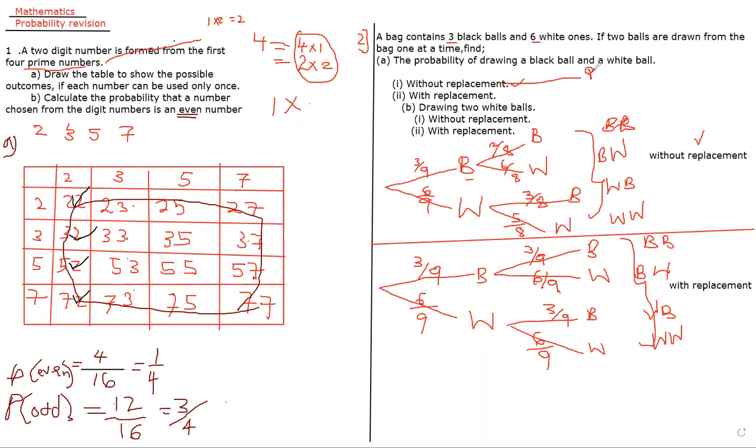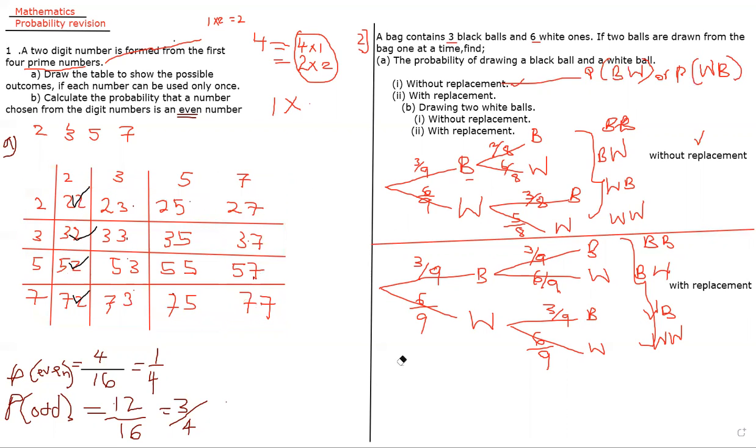So this one, you can say probability of drawing black, white, or I can start with probability of white to black. In that case, order is not specified, like some scenarios where they normally specify. If it is specified, then you'll have to obey the order.